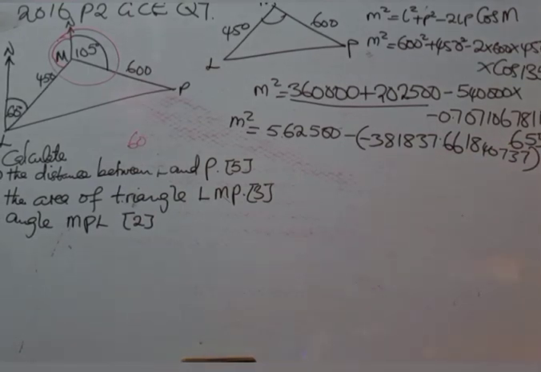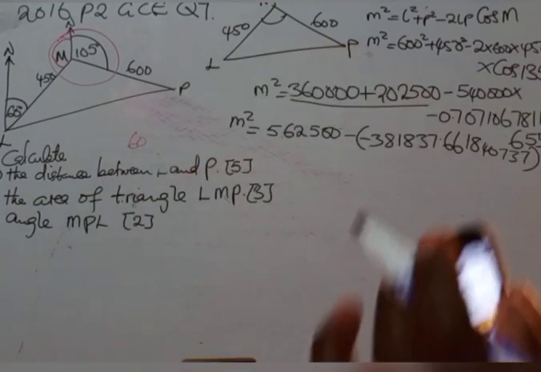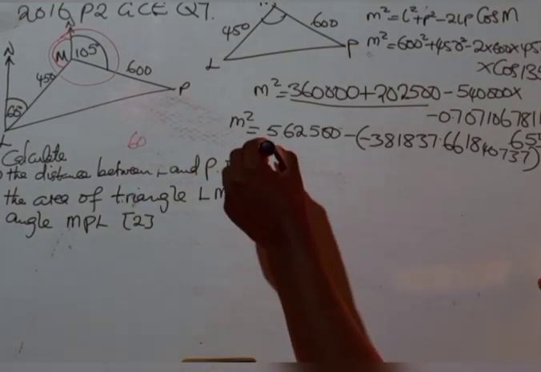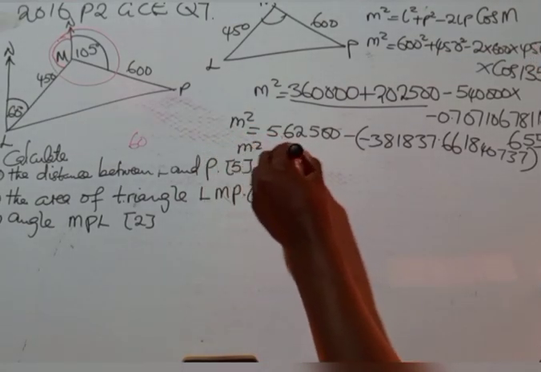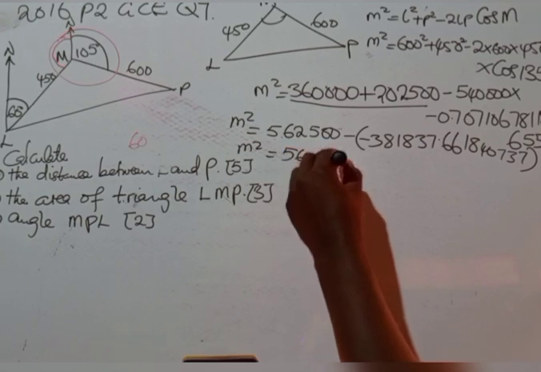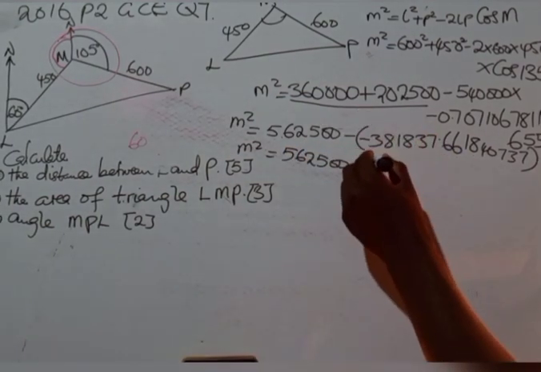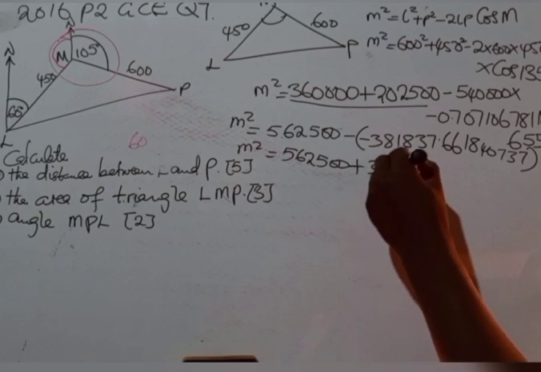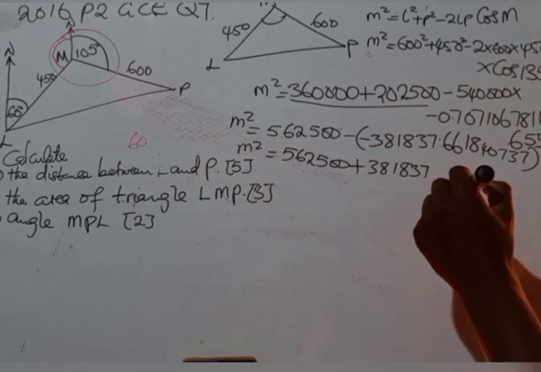So you put them in brackets. Now, we have the negative there and the negative there. The two become positive. So we are going to say m squared is equal to 562,500 plus 381,837.